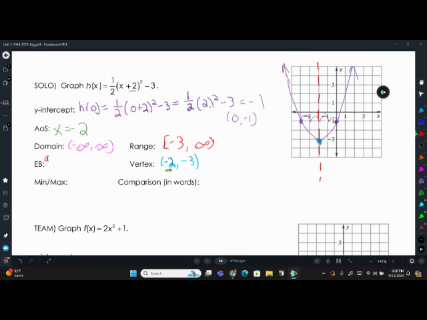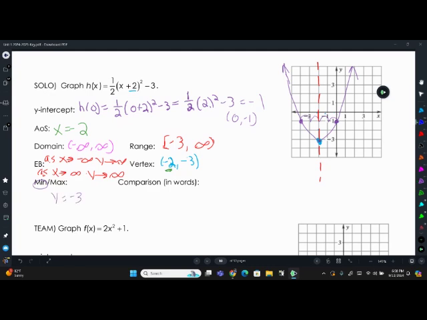End behavior, both sides are going up, so as x approaches negative infinity, y approaches positive infinity, and as x approaches positive infinity, y approaches positive infinity as well. Because this has a bottom, this has a minimum value. So that is at y equals negative 3.